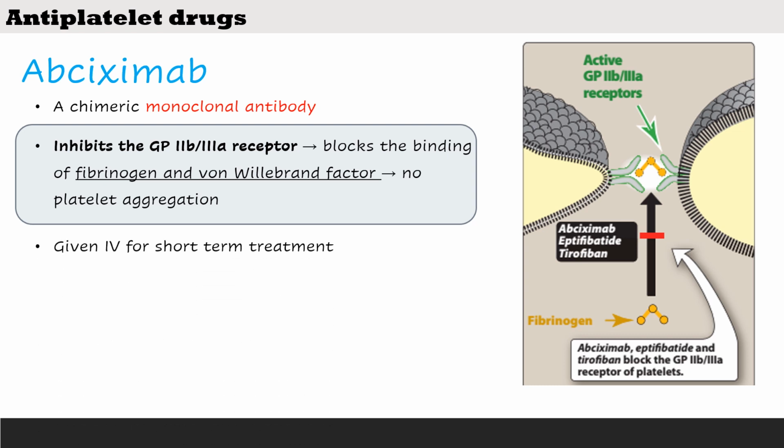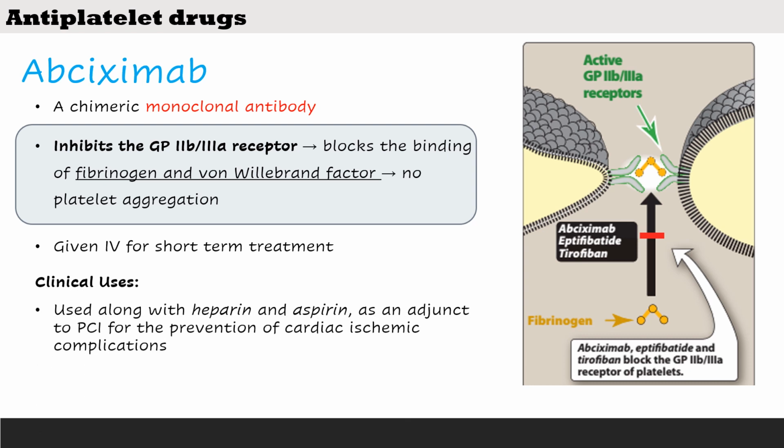This is a monoclonal antibody, so it's given intravenously for short-term treatment, and it is used along with heparin, which is an anticoagulant, and aspirin as an adjunct for PCI and also for the prevention of cardiac ischemic complications. Again, the adverse effect for all the antiplatelets is bleeding, especially if you use them together with an anticoagulant.